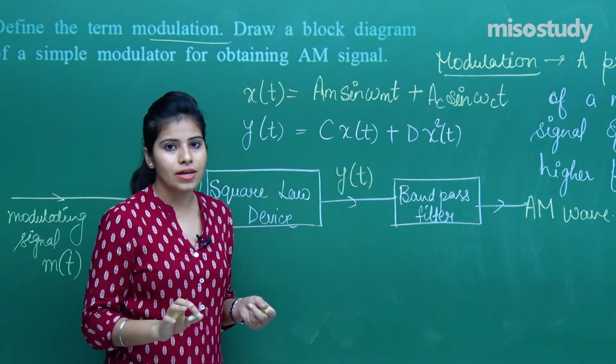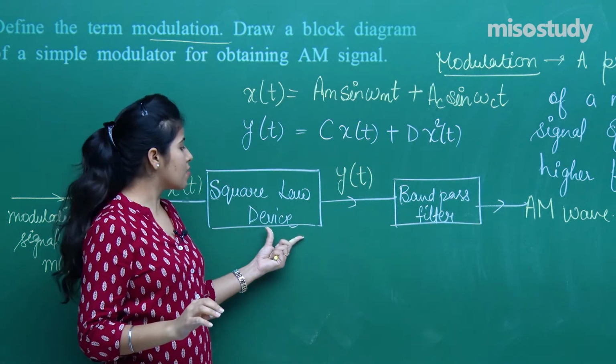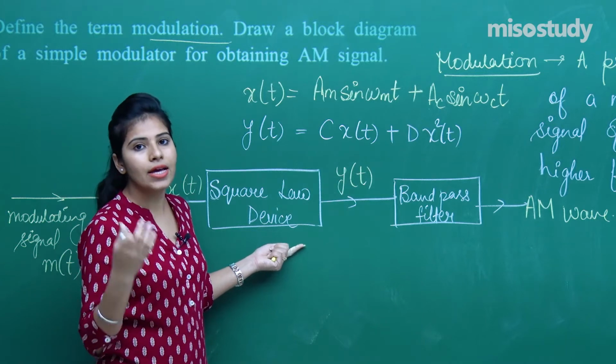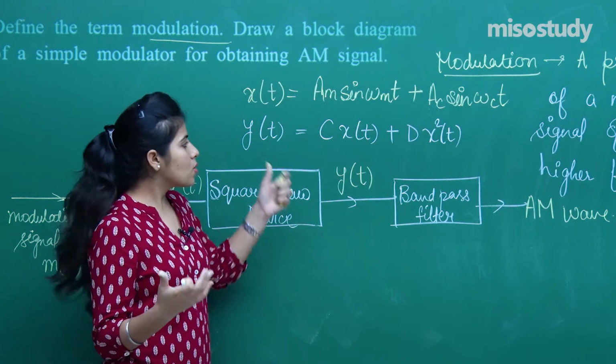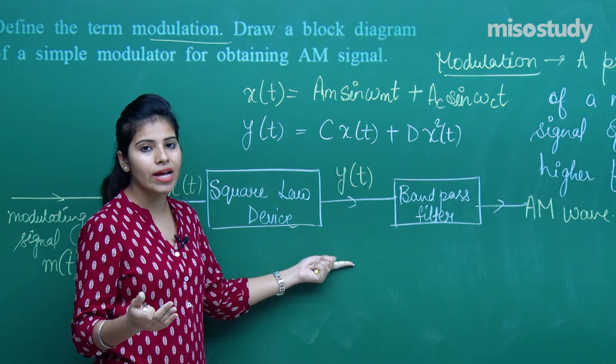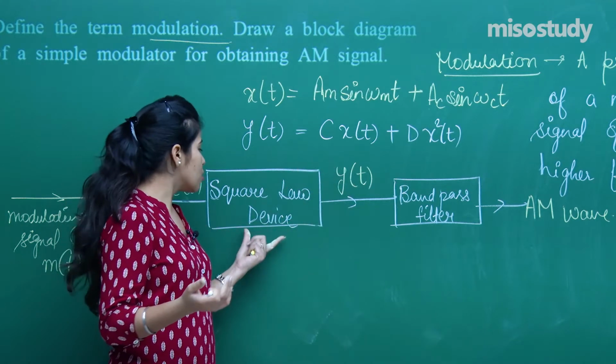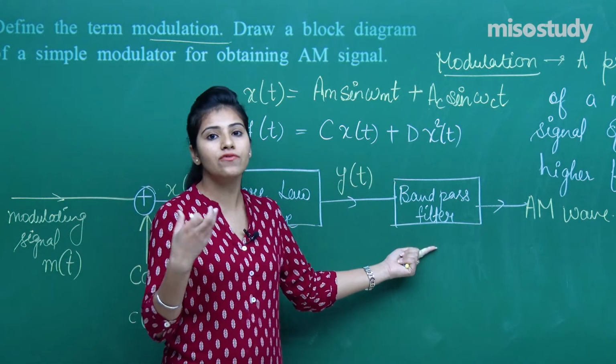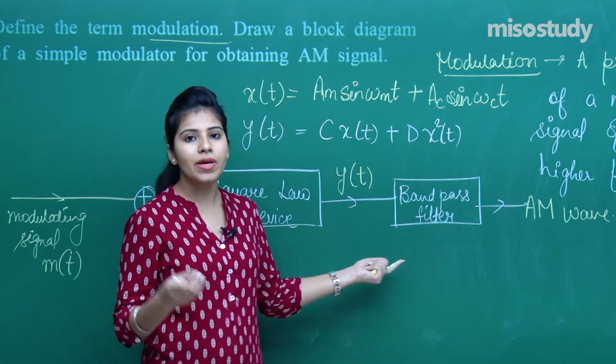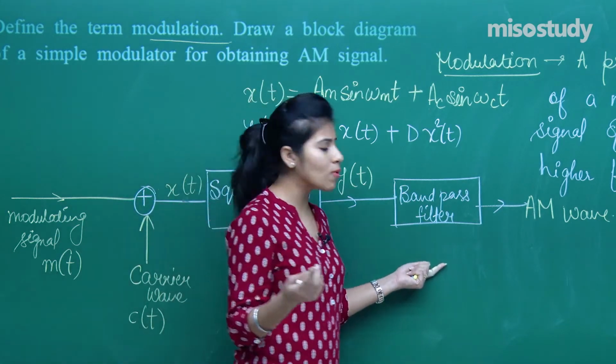This is something like that, and the function of this is to provide the non-linear relation. So here we have to just draw the block diagram. We don't have to give the role of these two things, but if you give the role, that will be a plus point because this is a 2-mark question.